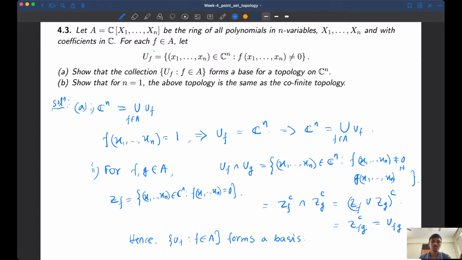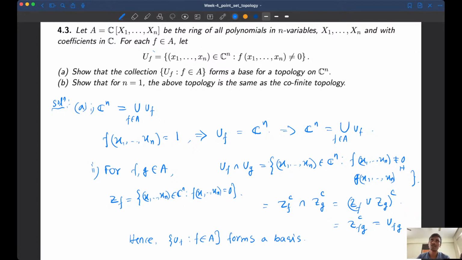So the UF are exactly the complements of finite sets, and you can get any complement of a finite set as a UF. Suppose you have a1, a2, through an, n many complex numbers. You consider the polynomial (x minus a1)(x minus a2) and so on, the product of them. Then the zero set is exactly a1 through an.